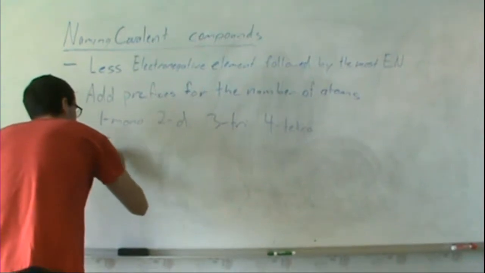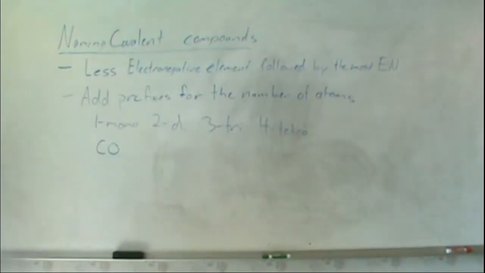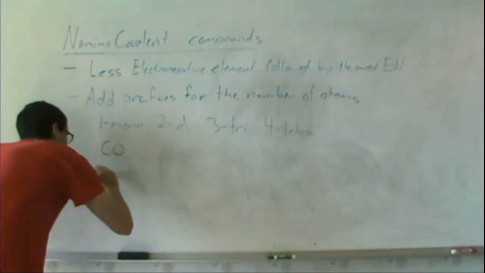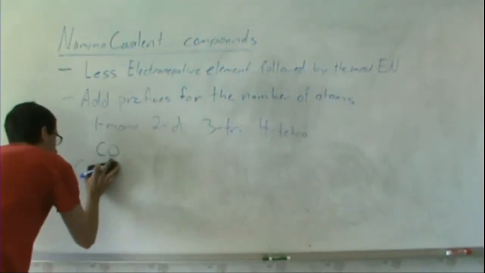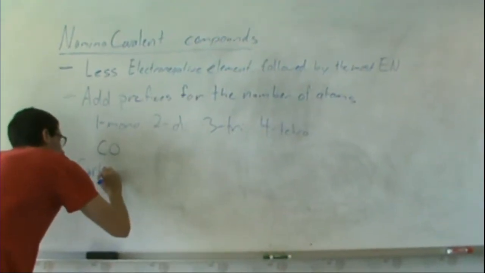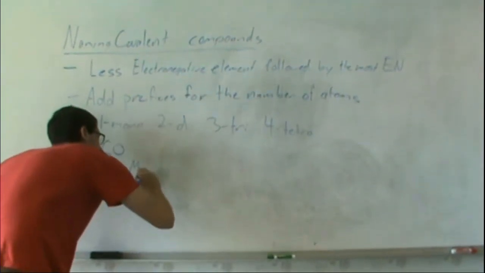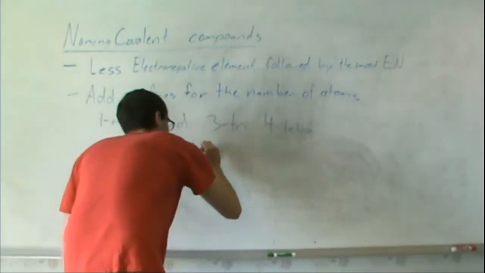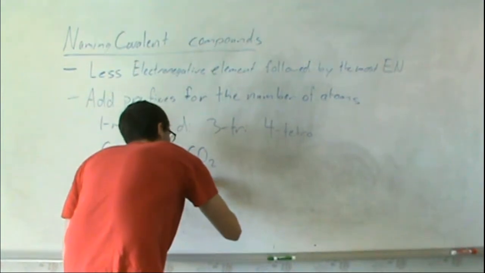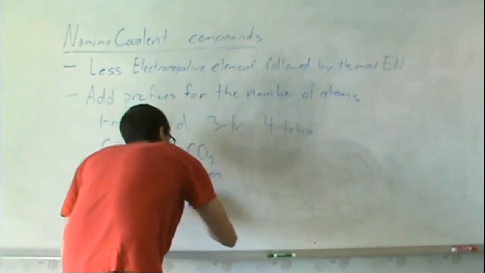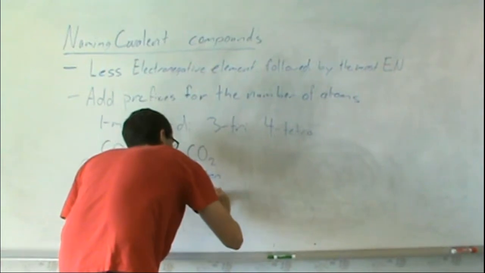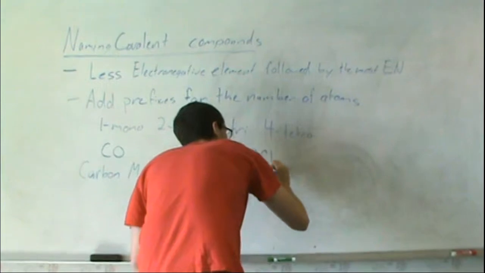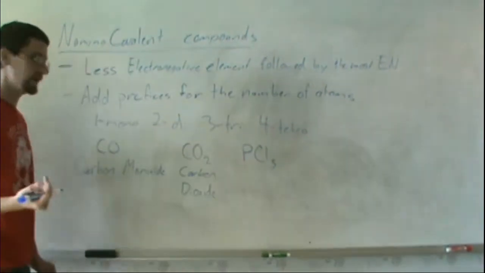So we have an example of this. We have CO. We already talked about this. This would be carbon monoxide. We have CO2, carbon dioxide. Let's say we have this guy, PCl3.